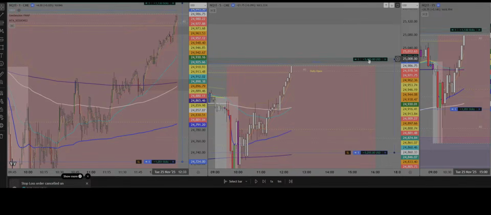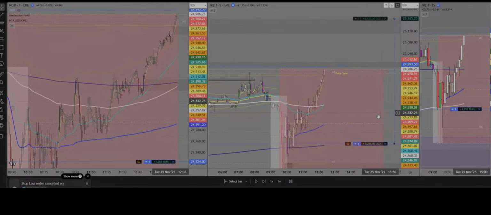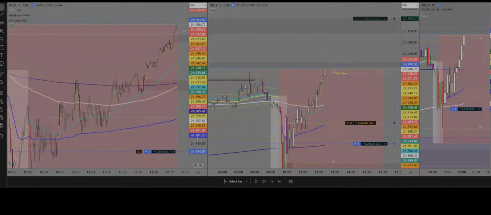Oh, there we go. I don't know why it was blue. Okay, so let's just see if it'll run. We'll give it the benefit of the doubt. We'll just start trailing it. Why not? We're basically there.